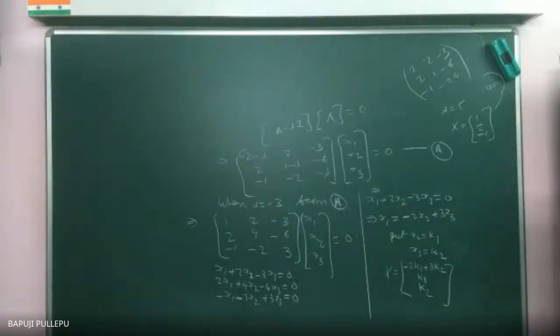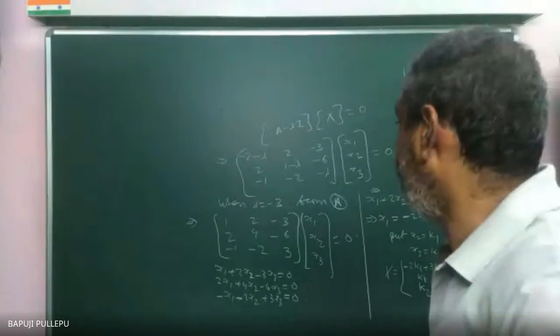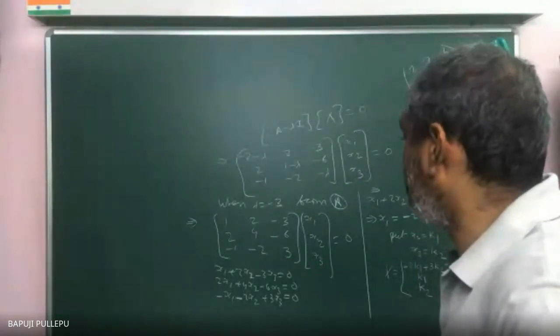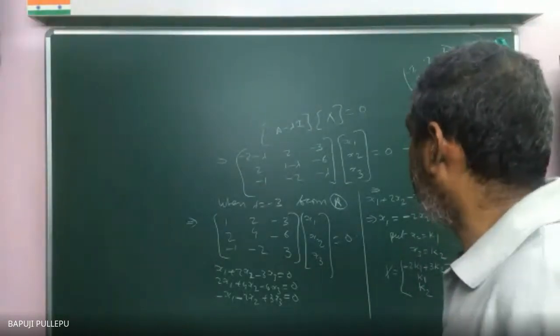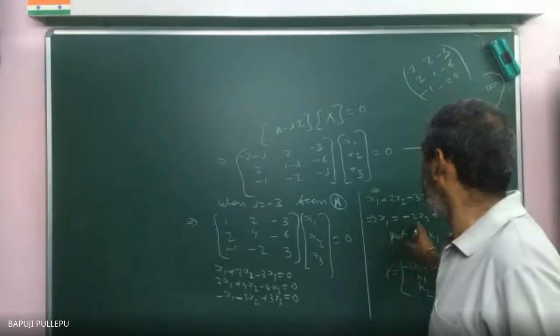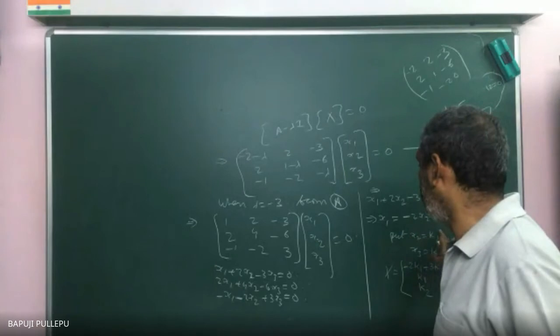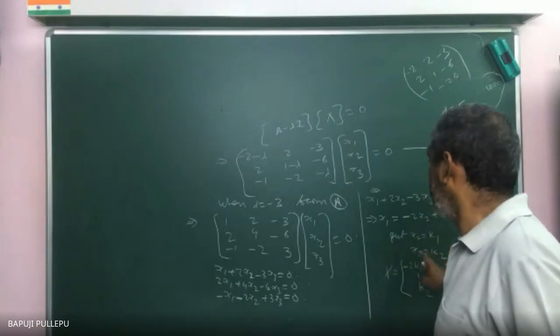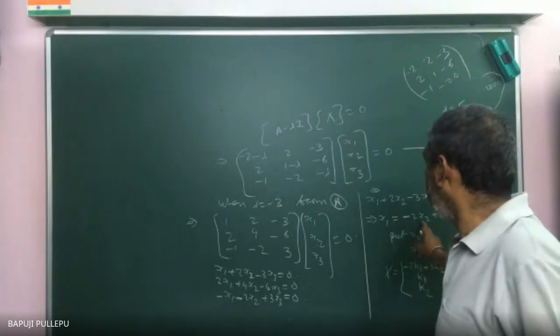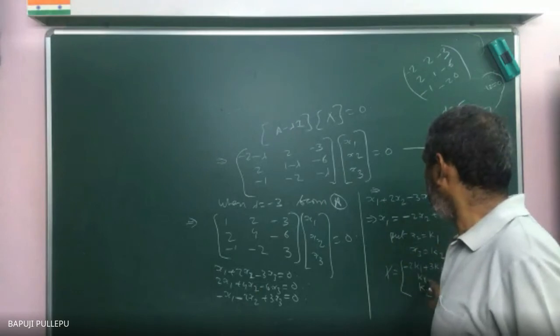Sir, please explain this last step once again. Wait. Because the three equations are the same, I am taking any one equation from these three. I am writing x1 is equal to minus 2x2 plus 3x3. I am substituting x2 is equal to k1, the new variable, and x3 is equal to k2. So my x1 becomes minus 2k1 plus 3k2, x2 is k1, x3 is k2.